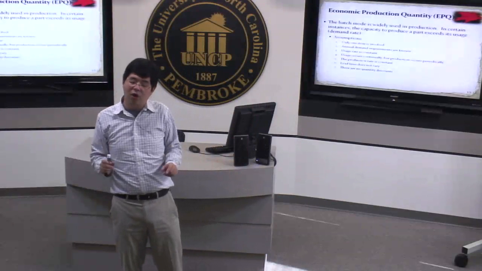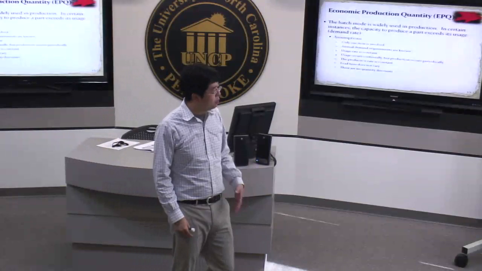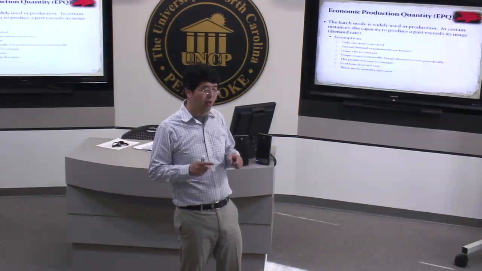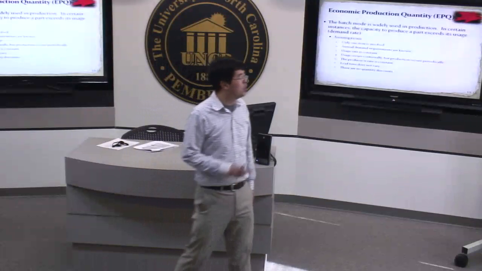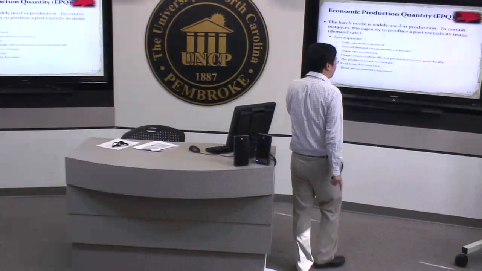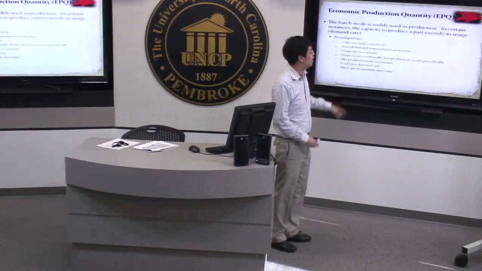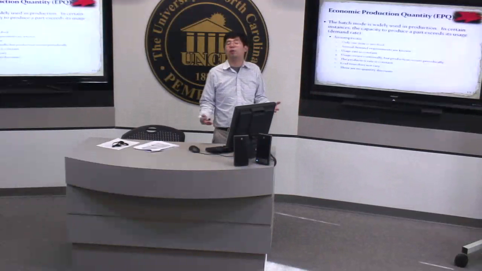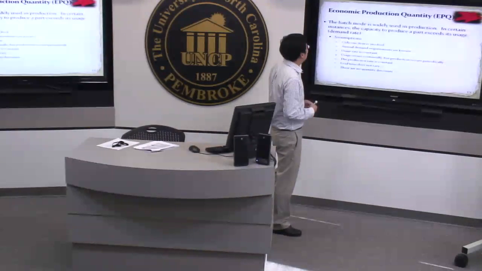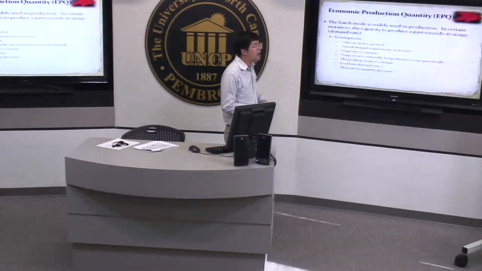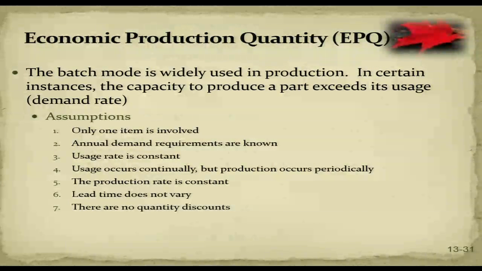That's why, in manufacturing, you have to place orders for raw material, but this is not the most important decision, because the most important decision involves finished goods, which you have to produce. Now we have to determine how much to produce every time and how long to produce. If your capacity exceeds its usage, this makes sense.